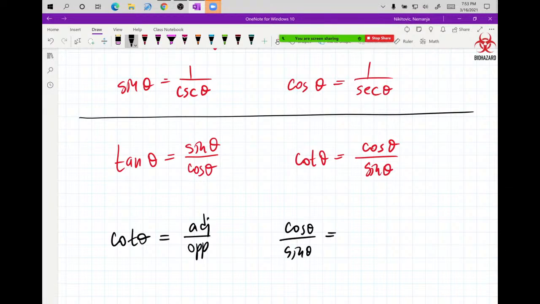So cosine theta is adjacent over hypotenuse, and the sine theta is opposite over hypotenuse. So now when you cancel the hypotenuse, you're left with adjacent over opposite. And there you go, same. So you can put them together.